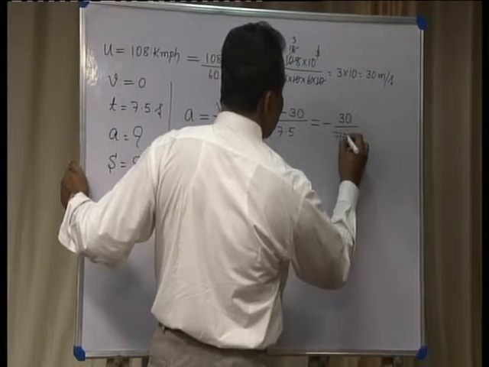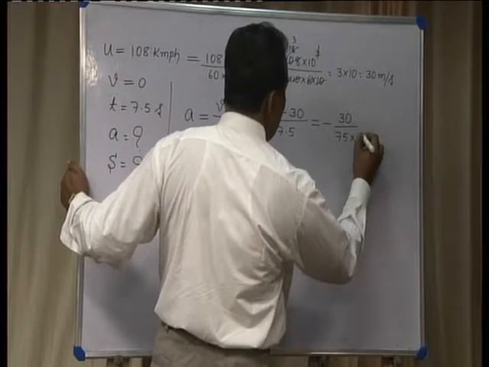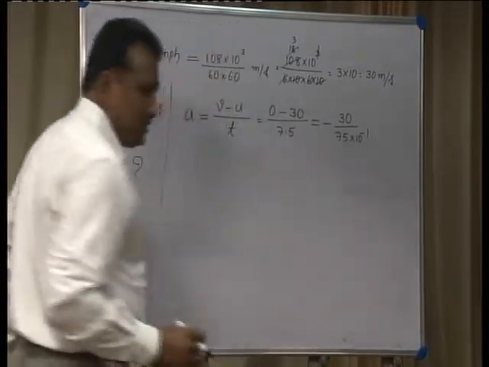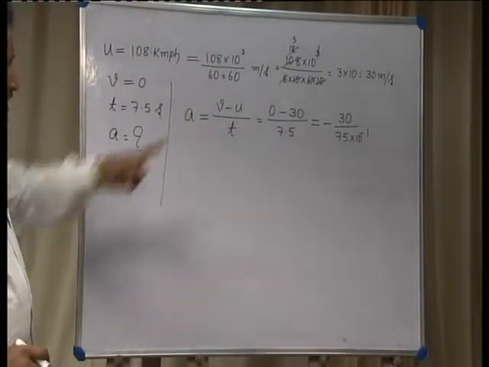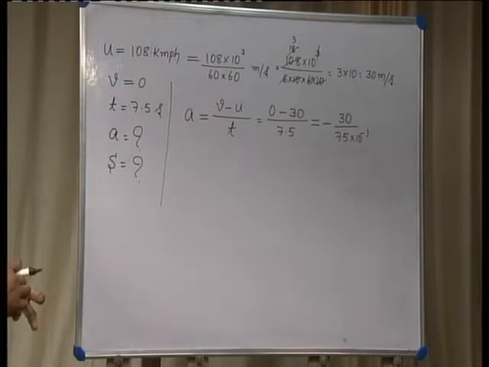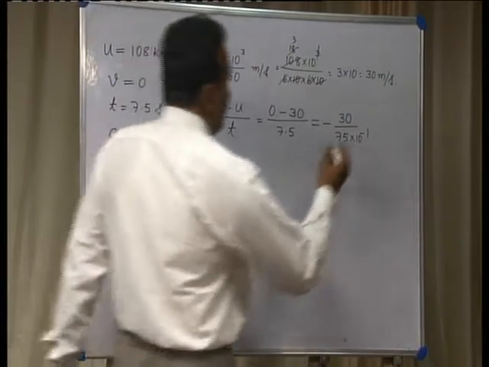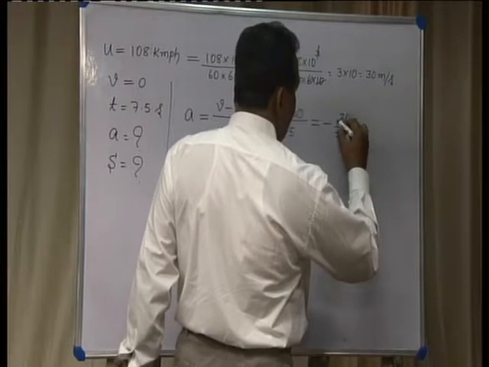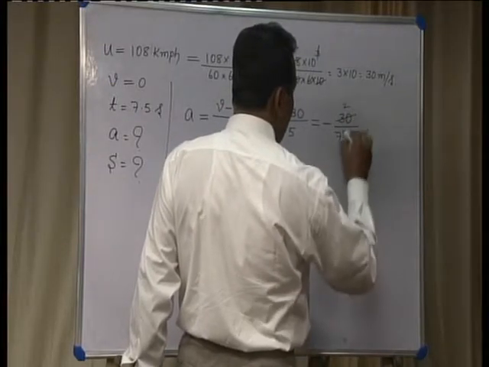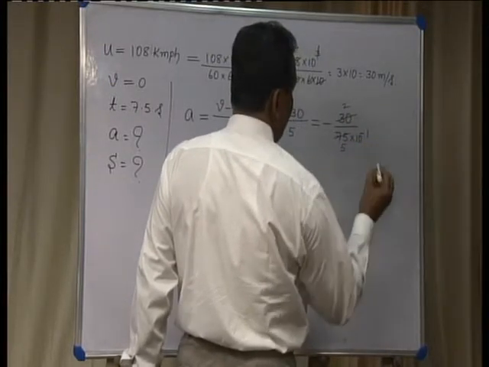7.5 you can write as 75 into 10 power minus 1, by shifting the decimal place to the right-hand side by 1 place. So you have to multiply it by 10 power minus 1. So 15 2s are 30, 15 5s are 75.